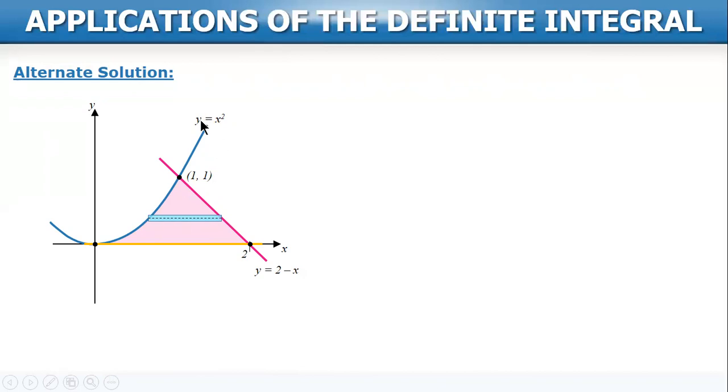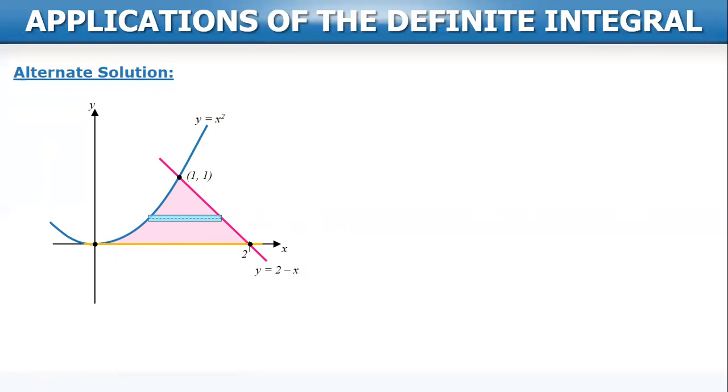So y equals f of x, and when you solve for x, x is equal to f of y. So for a horizontal rectangle, you will notice that from the lowest portion up to the highest part, the graph at the right is the line and at the left is a parabola.